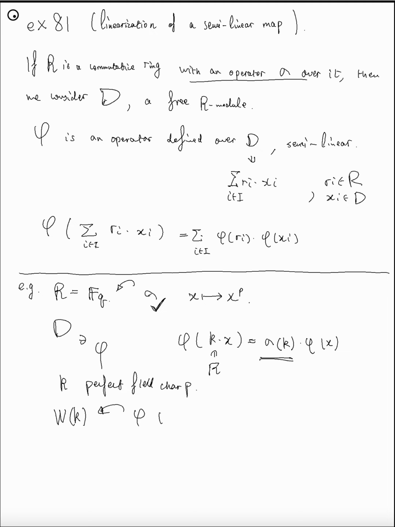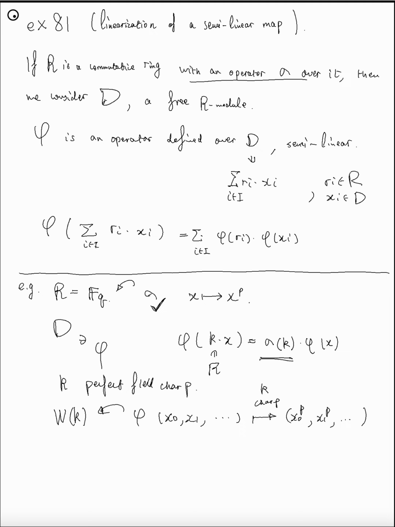Basically, it sends elements in this Witt ring to their pth power. For this formula, you don't require the small k to be perfect, just characteristic p should tell you that Frobenius is defined this way.